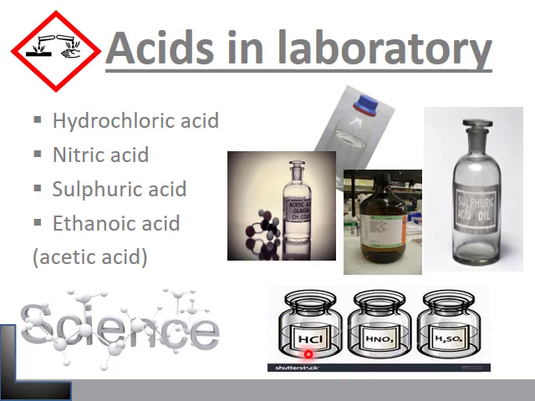So you studied hydrochloric acid, you will learn its name, its formula HCl, and nitric acid HNO3, and then sulfuric acid, it is H2SO4, and then it is ethanoic acid or acetic acid or glacial acetic acid. So these are names of one and the same chemical. So these 4 acids, dear students, are mostly used in the school science laboratory, so you have to learn their names.